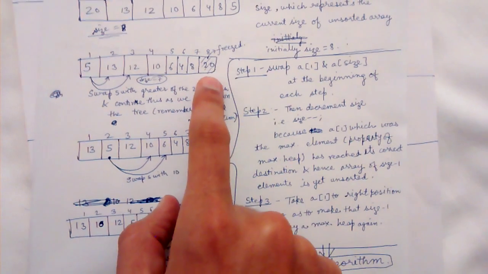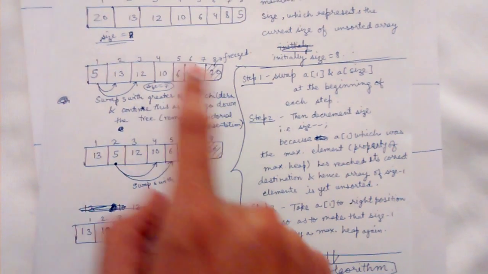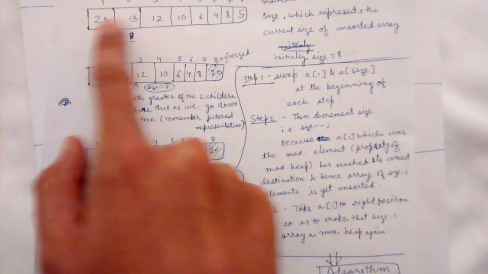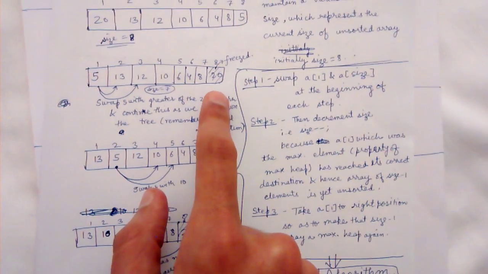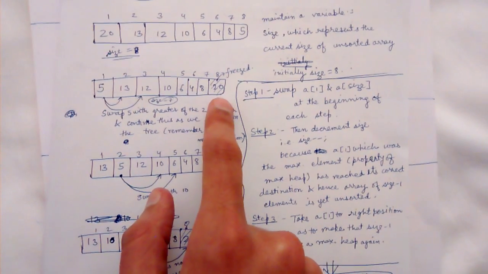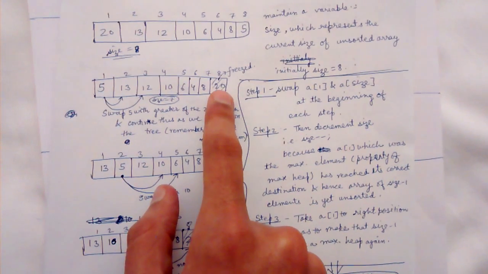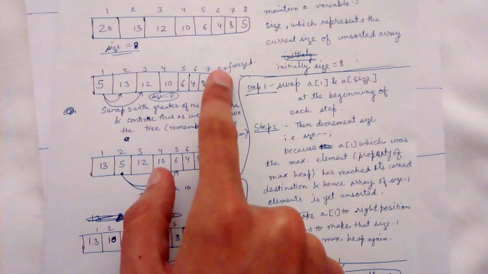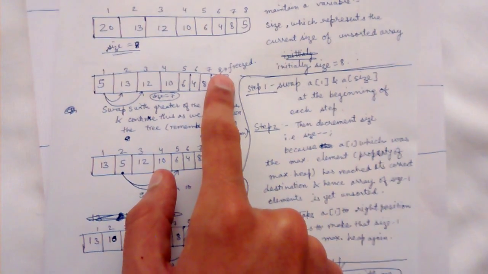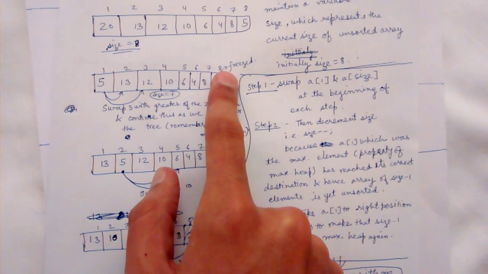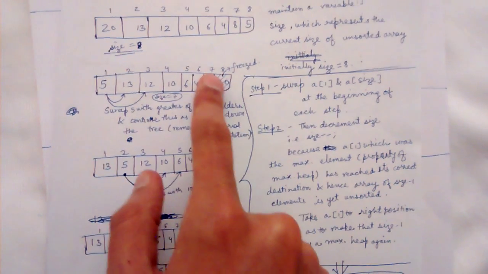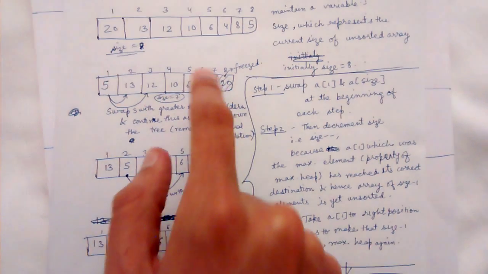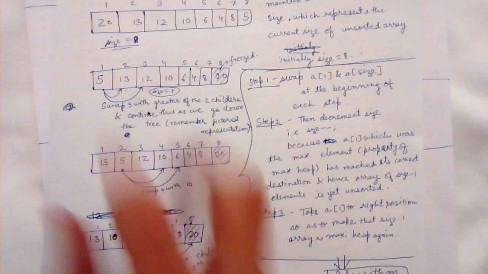Now 20 is originally the largest element, so we have taken the largest element to the end by doing this swapping. So 20 is in its correct position. Now the size of the unsorted array becomes just 7, from the first element to the 7th element.